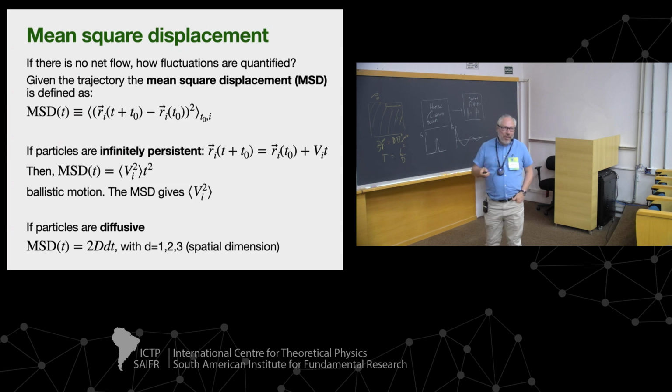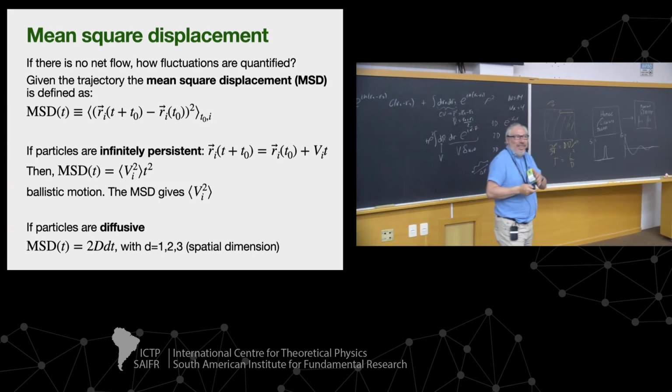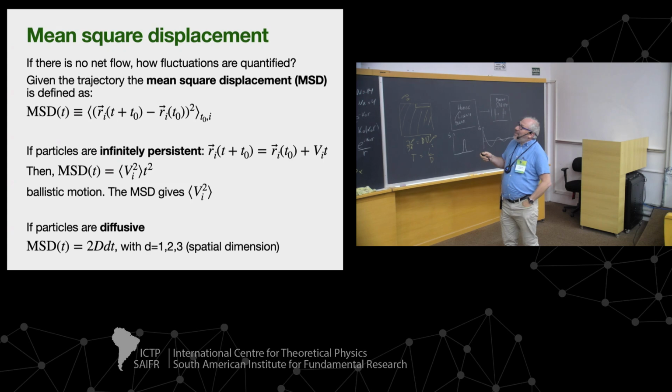The first, very simple case is imagine particles that are infinitely persistent. That is, they move forever in the same direction with the same speed. This is not active Brownian particles, it's just particles that move. In this case, the position at a time t is simply the initial position plus the velocity times t. That's high school kinematics.